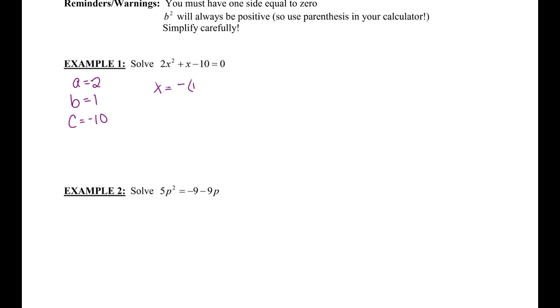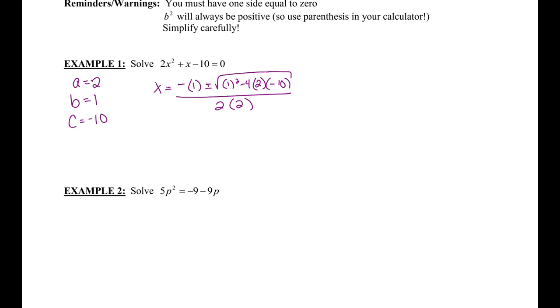So I have negative 1 for my negative times my b value, plus or minus the square root of b squared minus 4 times my a value times my c value, all over 2 times a.